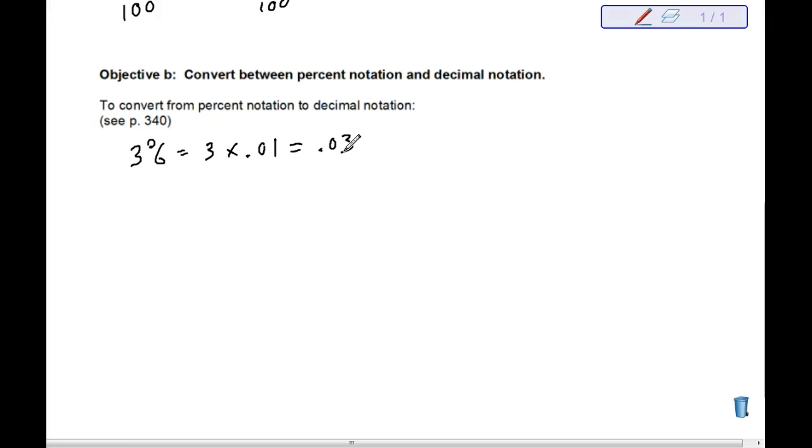If I had 6.5%, that means 6.5 times 0.01. Well, it's sort of hard to deal with fractions and decimals mixed like this, so let's take our 6.5 and write it as 6.5.